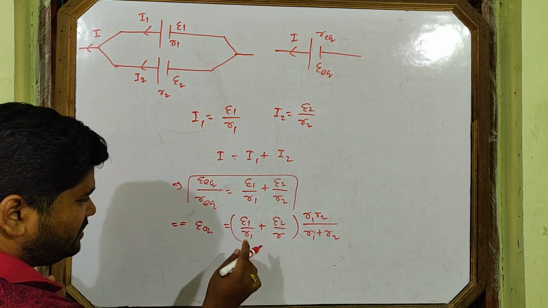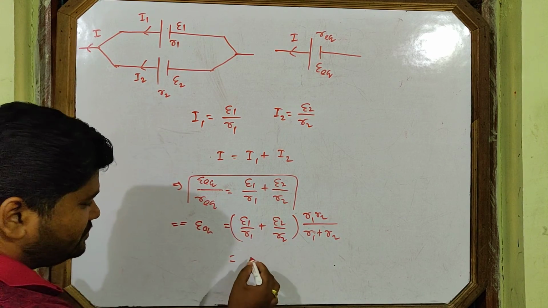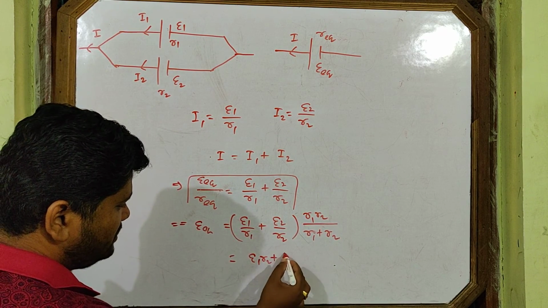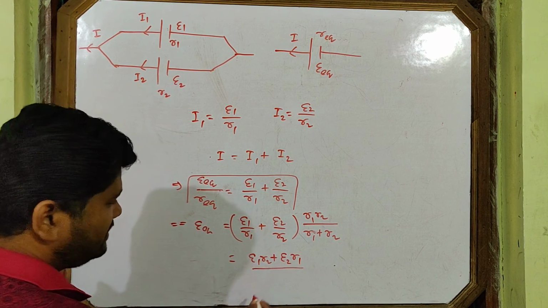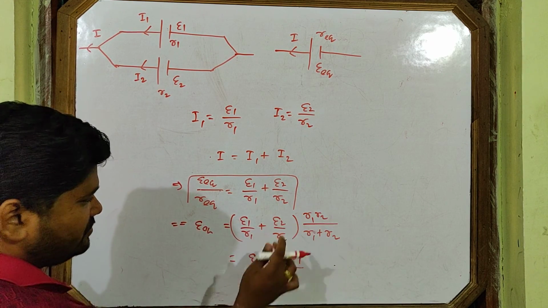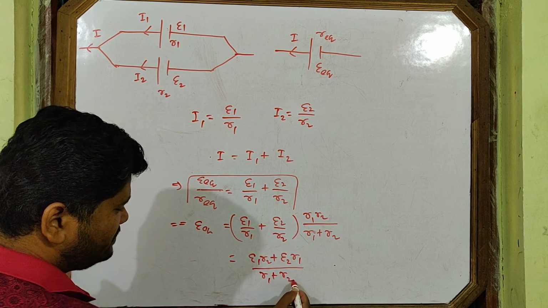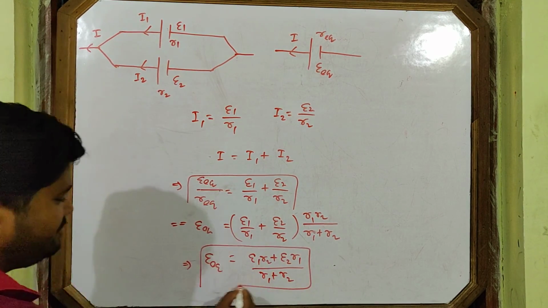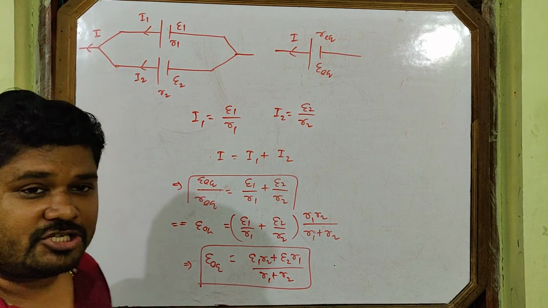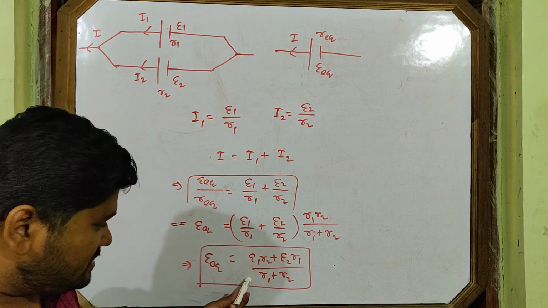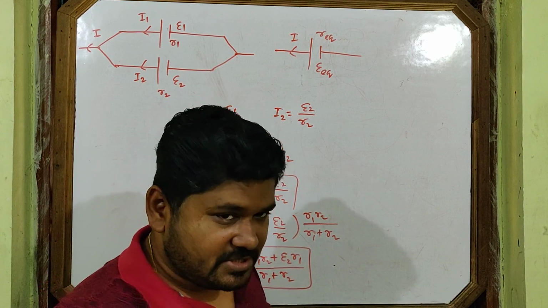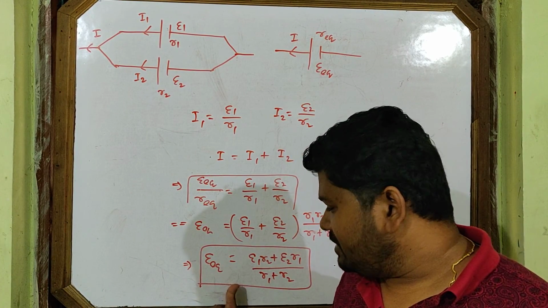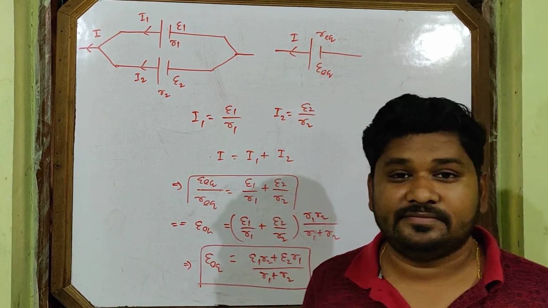If we take LCM, we will get E1 R2 plus E2 R1 by R1 R2, R1 R2 will cancel. Here we will get R1 plus R2. This is the formula of E equivalent for parallel connection.